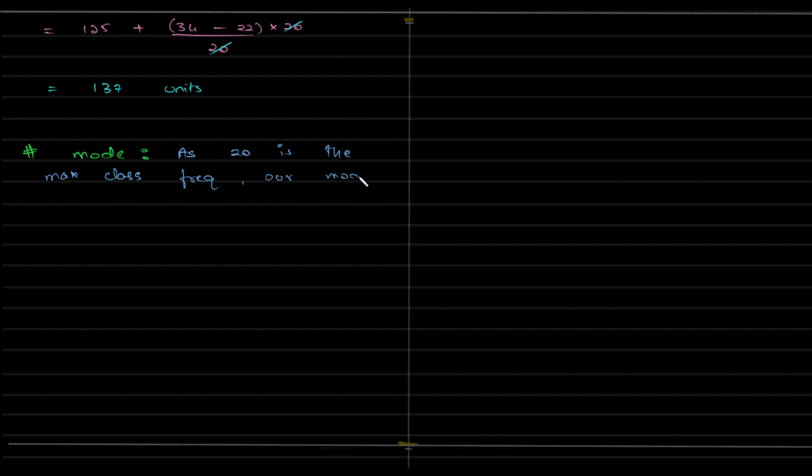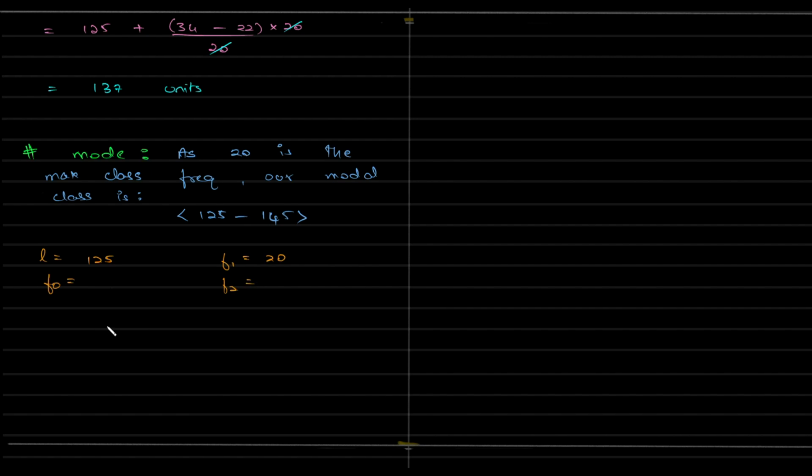Our modal class is 125 to 145, right? So then we have L to be 125, h we know, f1 is 20, and f0 and f2 we have to figure out.